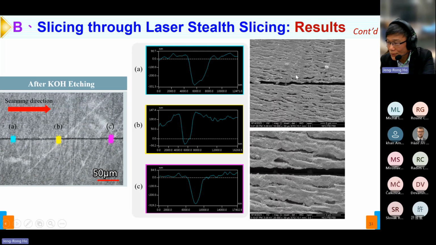And these are clearer SEM pictures. The scale bar here is 5 microns. So this one is very thin, less than 5 microns. And this is 3 microns, also less than 3 microns. So we can make a very narrow kerf width.